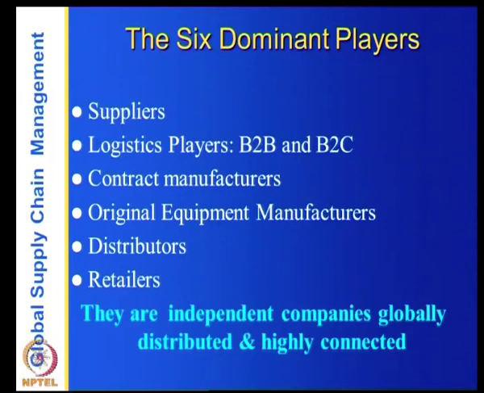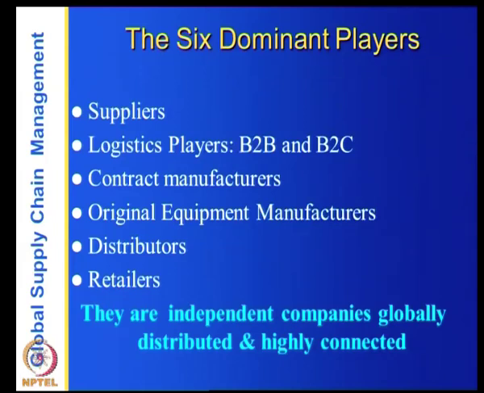And there are logistics players which are business to business or business to customer kind of suppliers. Business to business is large amounts of goods transferred, that is between suppliers and manufacturers and so on. Business to customer, it is small amounts of goods transferred because the customer orders are always less in quantity compared to the factory orders.